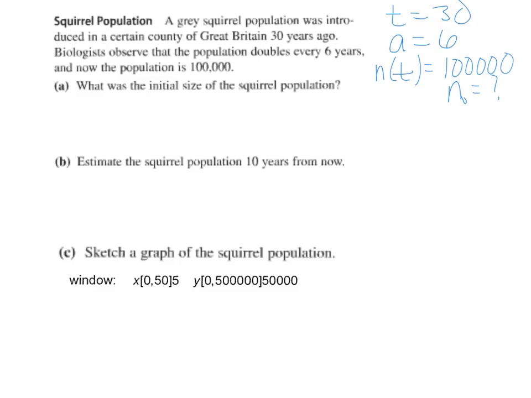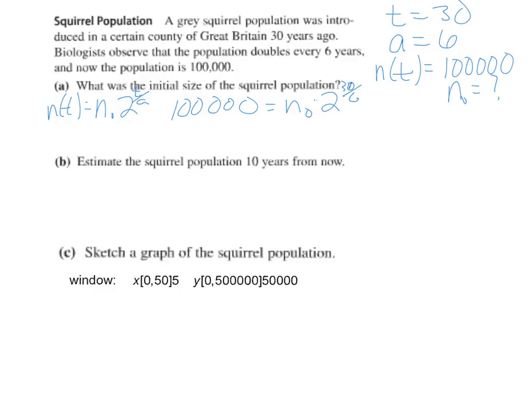So when we fill in our formula, this is our formula again, we would have 100,000 is n naught times 2 to the power of 30 over 6.